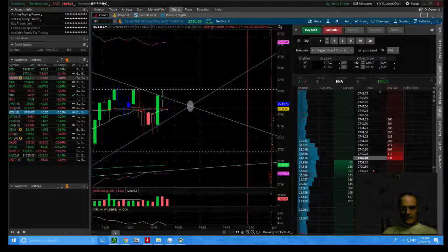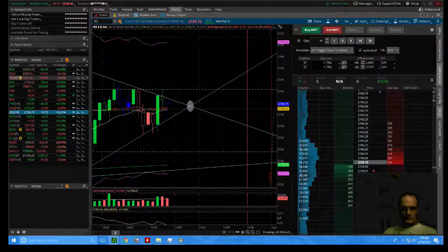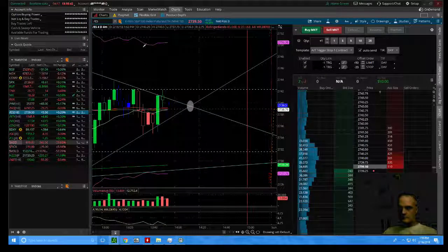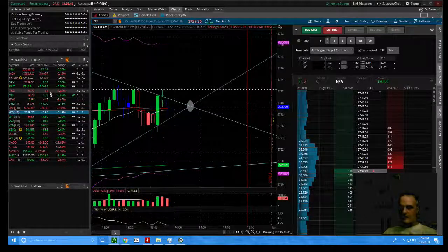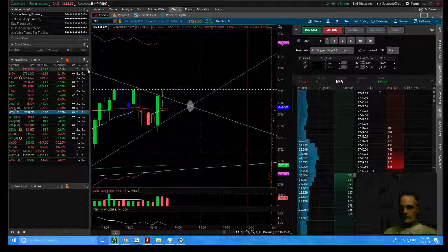Facebook has improved. It's not down. It was down almost $3. It's only down $2.15 now. The NASDAQ and the NASDAQ Composite are both now negative in the cash market.